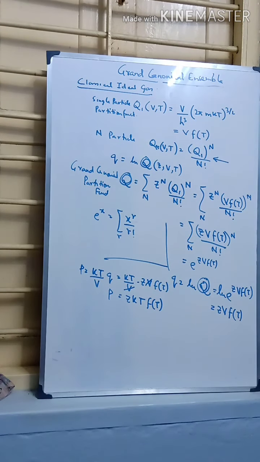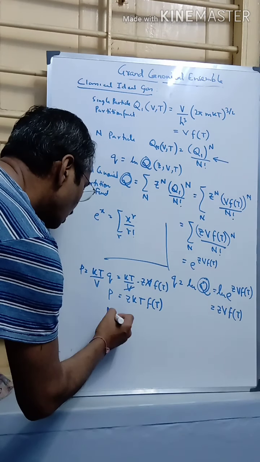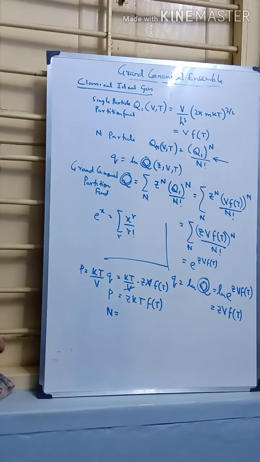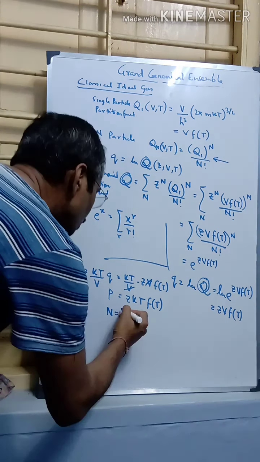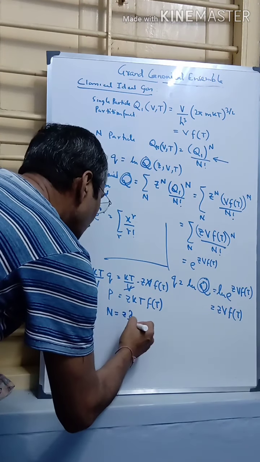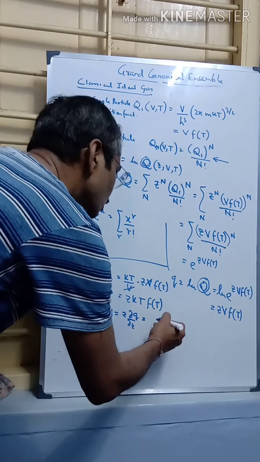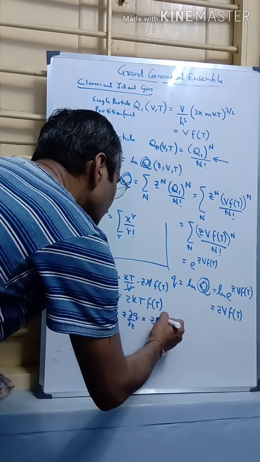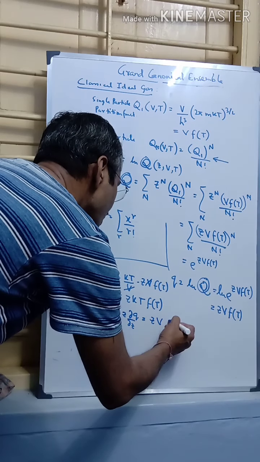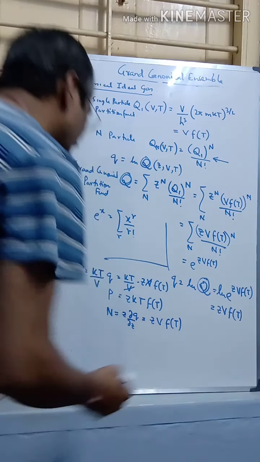Okay. How about the number of the particles? Mean number of particles, which was defined as z del by del z of ln Q. So that was equal to z V f(T).